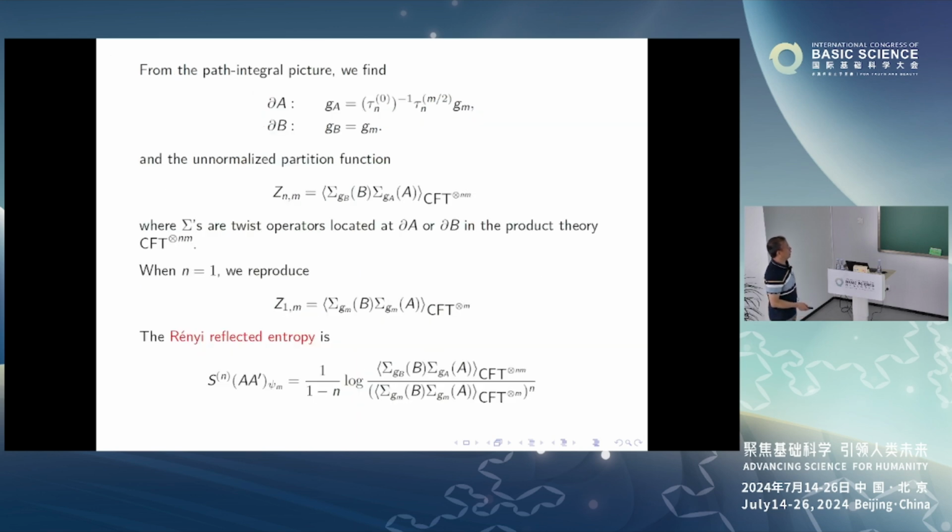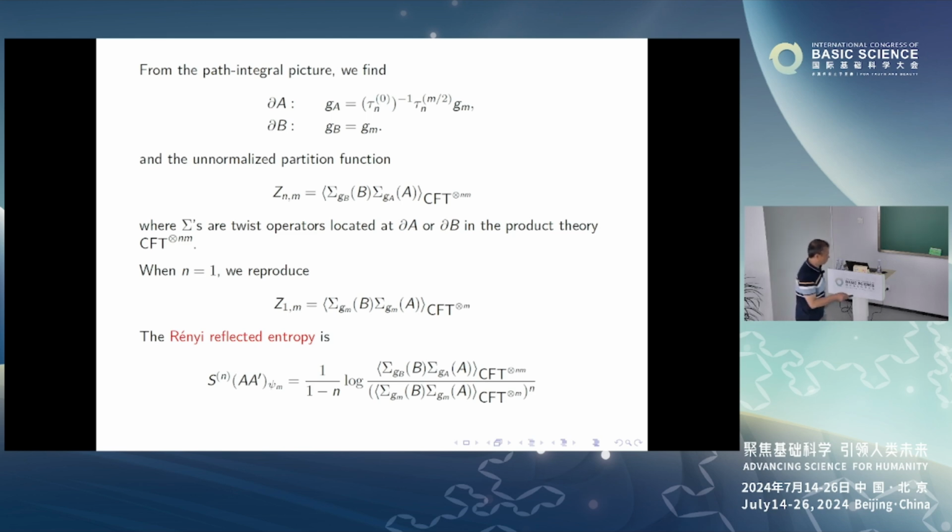And so you finally see that the Renyi entropy in any dimension is a kind of correlation function of the twist operators. In higher dimensions the twist operator is non-local, and for A and for B, this is a two-twist operator defined in an orbifold CFT.